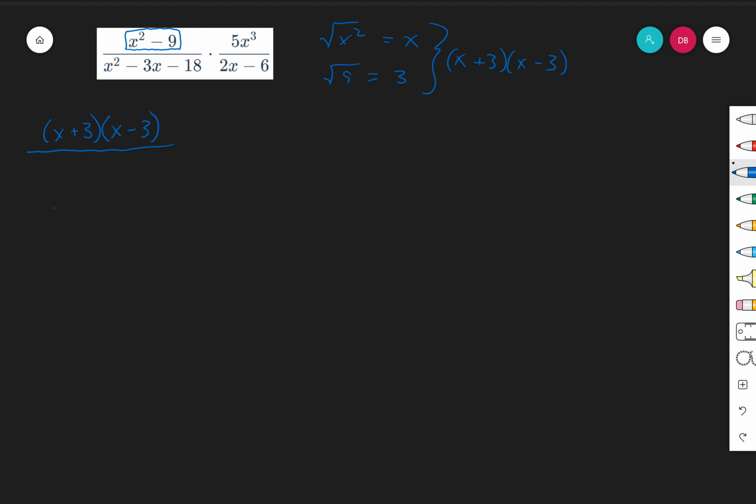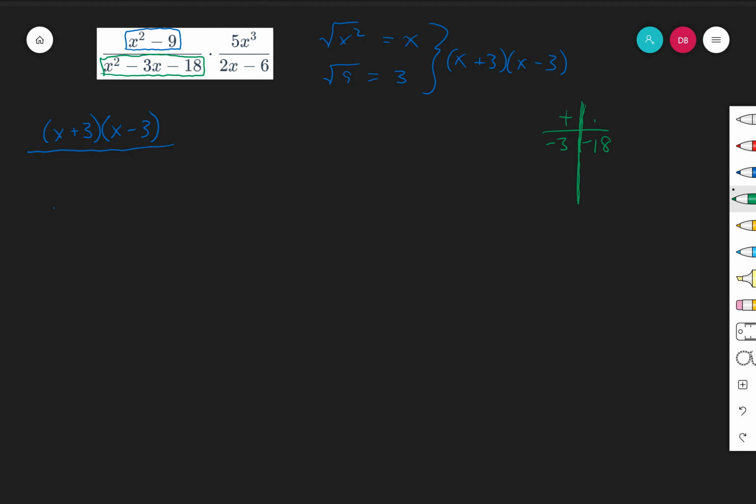Down here, we're looking for two numbers that add to be negative 3 and multiply to be negative 18.